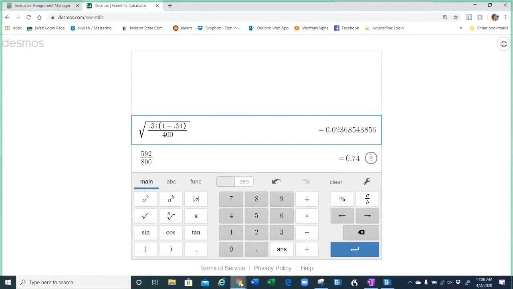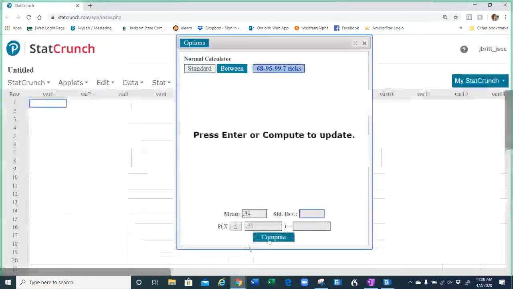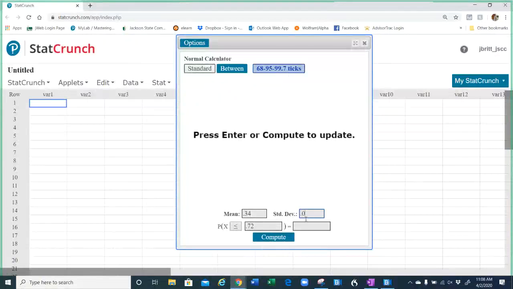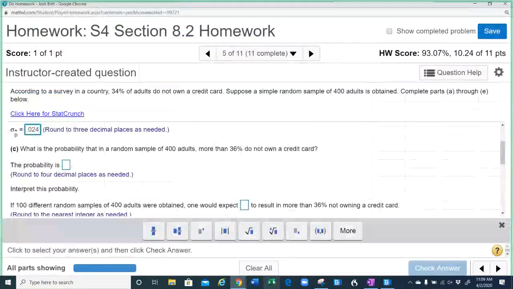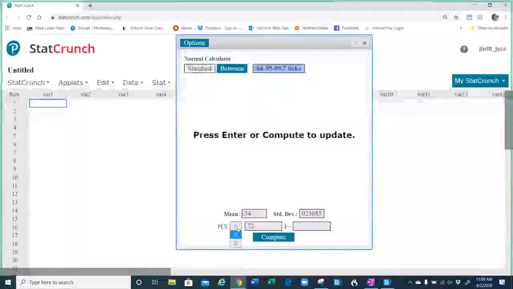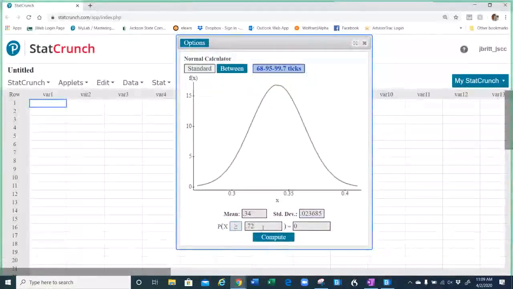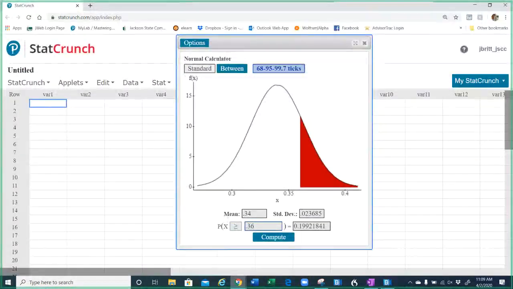So I'm going to go this many. And then we want to know more than 36%. So we'll just do greater than 36%. And we get 0.1992.